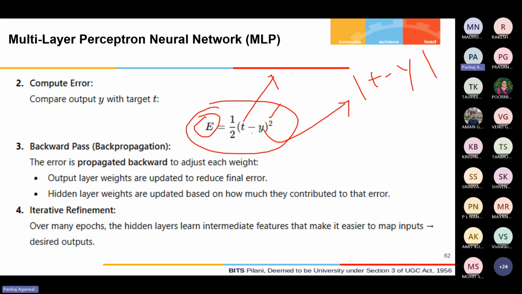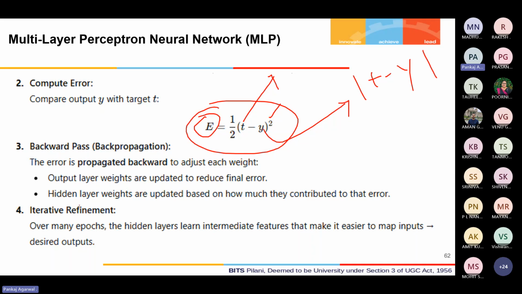This would go on till a stage where I would declare that my output y is very close to t, or in ideal condition it is becoming 0, or where I can say that the learning has stopped. So the backward phase would begin.